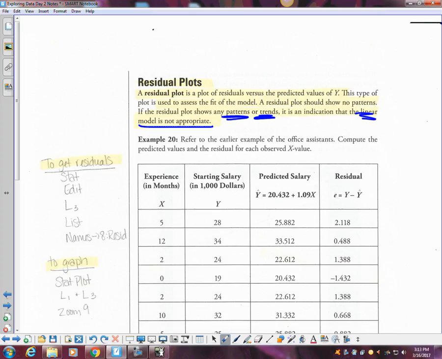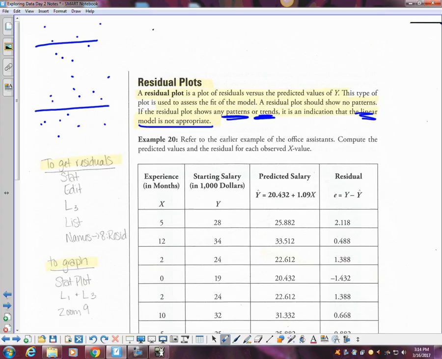It's not a good fit. If it's totally random, then you're good with your linear model. If there's a pattern, like I think we looked at one where the residual looked a little quadratic, then a linear model is not appropriate.